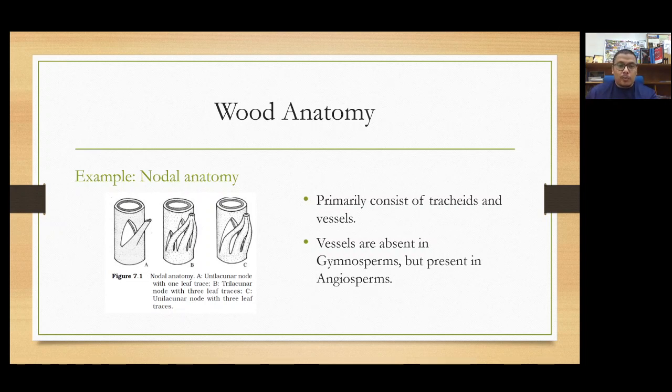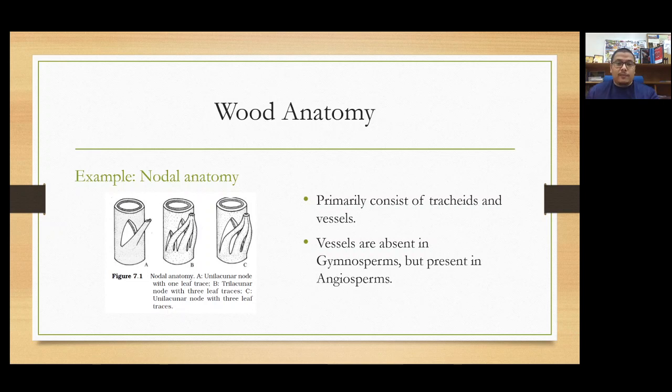Nodal anatomy has considerable significance in angiosperm systematics. The number of vascular traces entering the leaf base and the associated gaps left in the vascular cylinder of the stem at each node are distinctive for several groups.